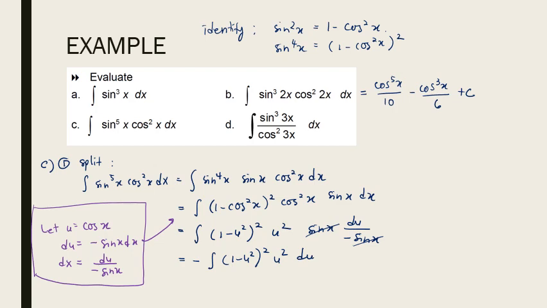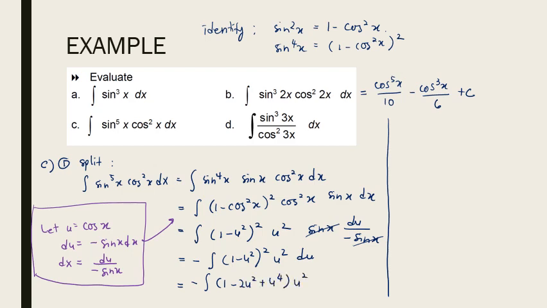Then what we have to do is expand the equation. Negative integrate 1 minus u square, squared, becomes 1 minus 2u square plus u power of 4.